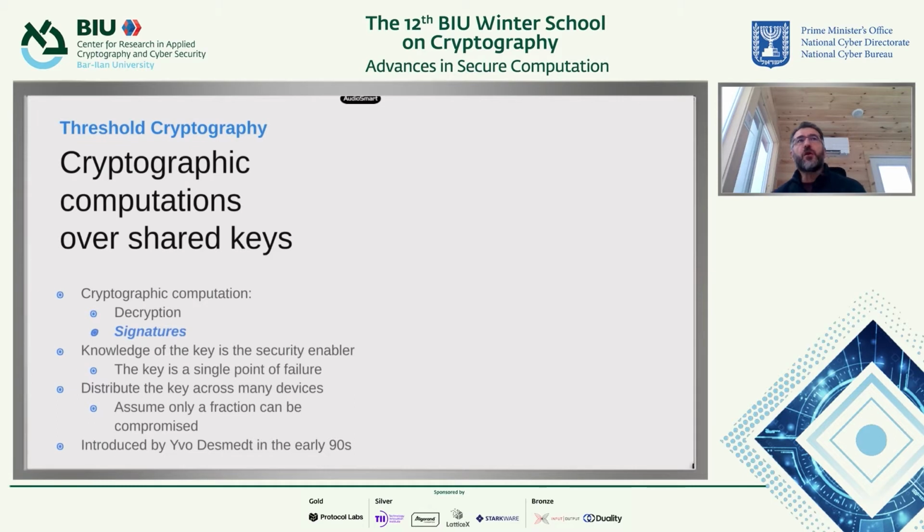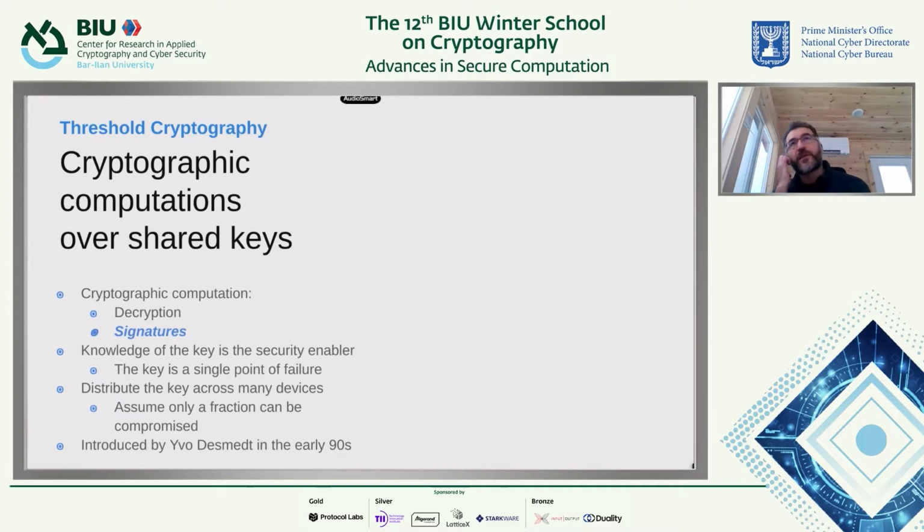So the goal of threshold cryptography is basically to take this key, break it into pieces, and distribute it among many devices, and assume that only a fraction of these devices can be compromised. This area was introduced by Yvo Desmedt in the early 90s.